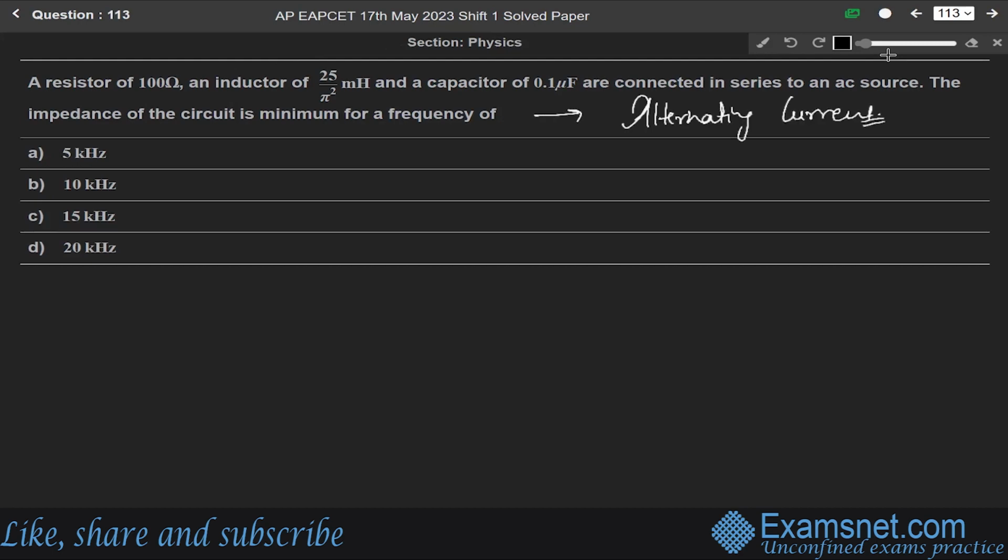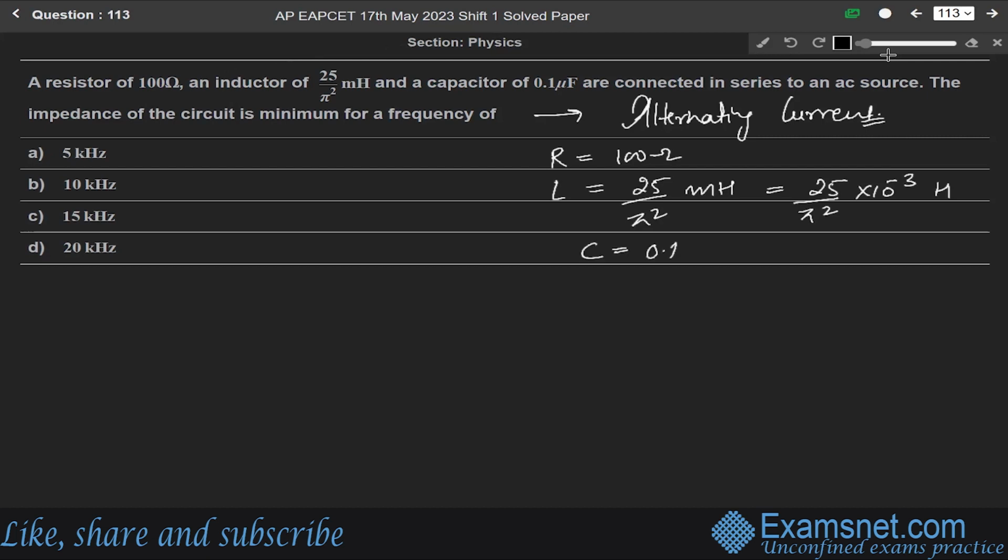According to the question, we are given a resistor of R equals 100 ohm, inductance L equals 25 over pi square millihenry. It means 25 over pi square into 10 to the power minus 3 henry. And capacitance C is given as 0.1 microfarad.